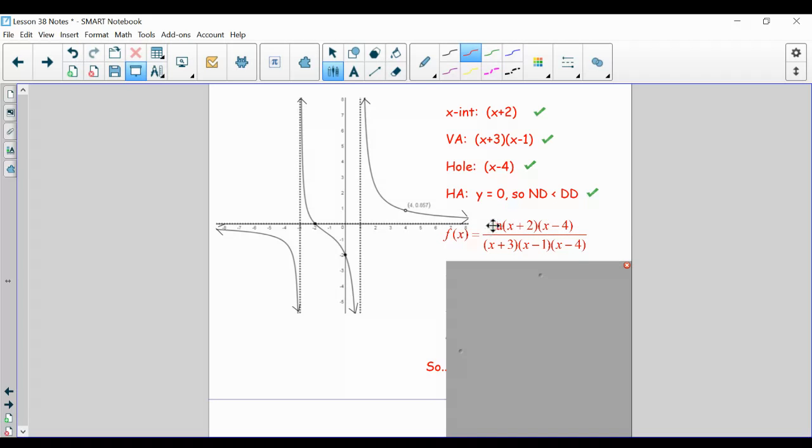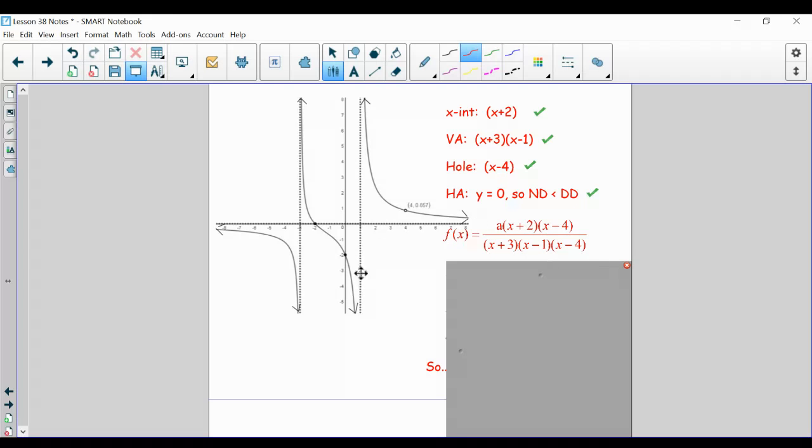Okay, so we're going to have some number times my x-intercept, hole on both top and bottom, vertical asymptotes in the bottom. So x-intercept, vertical asymptotes, hole written there twice.